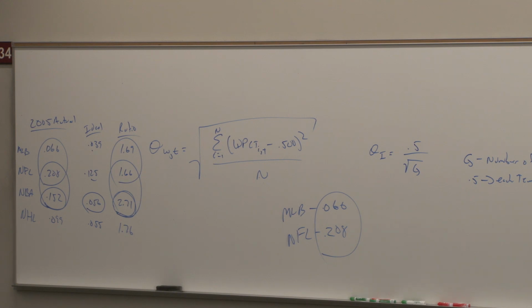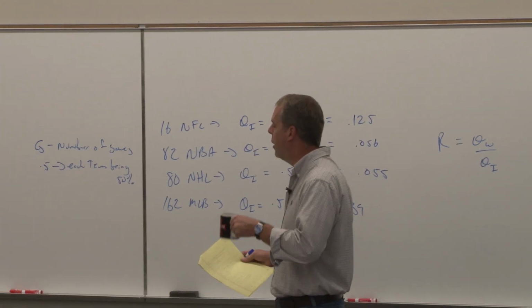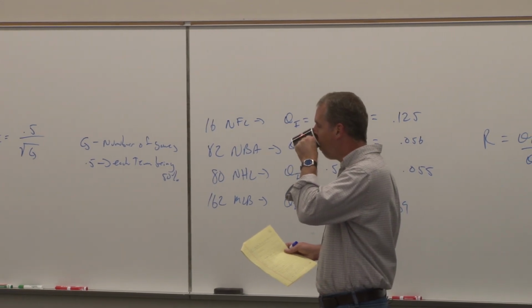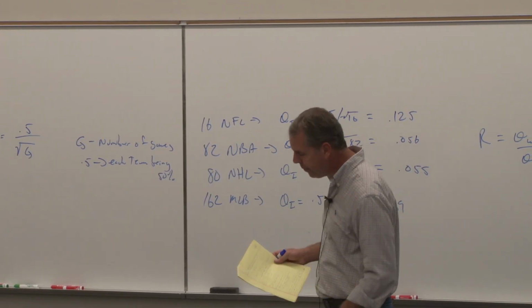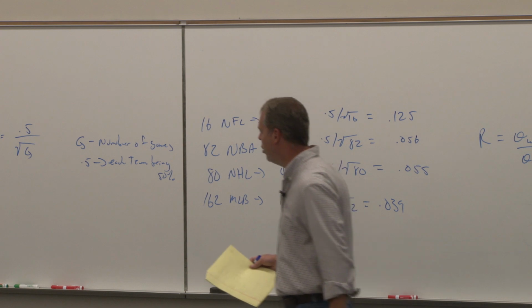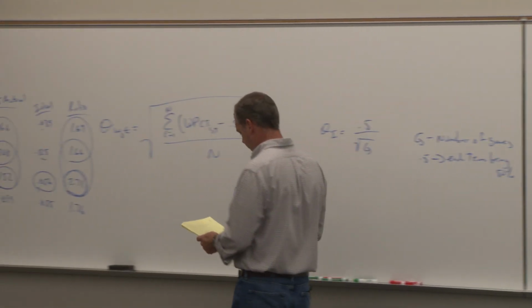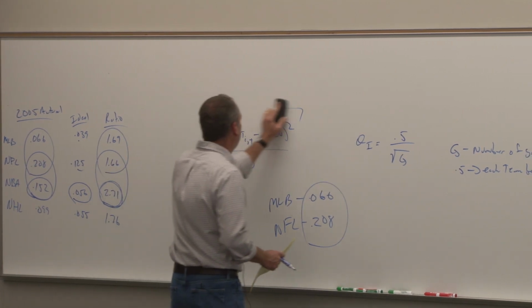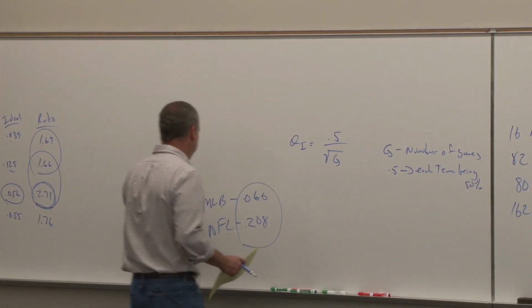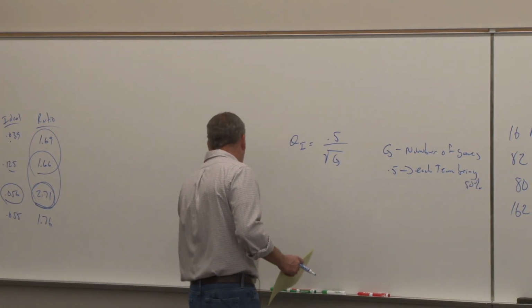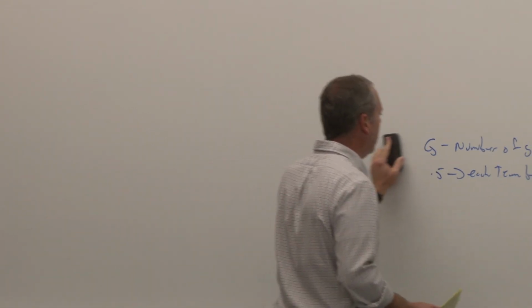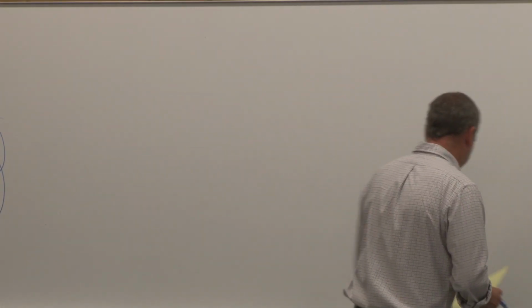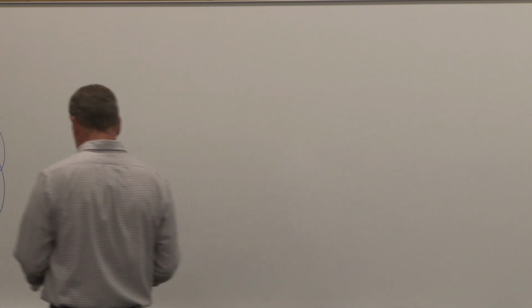So we can also look at between season variation, right? Because we know that these things can change season to season. So we can alter this so that we can know how it's changing over time.